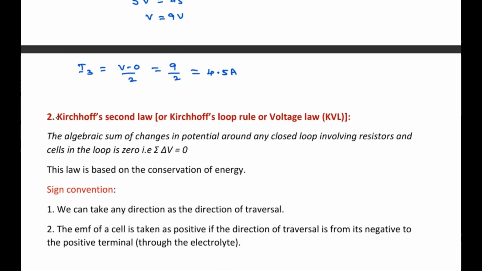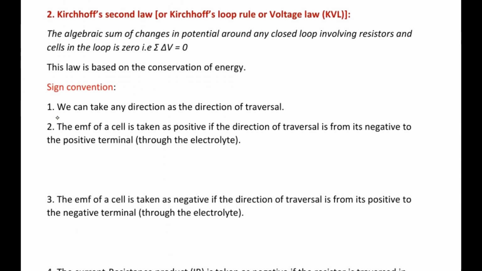Coming to Kirchhoff's second rule. What Kirchhoff's second rule says, it says about the loop, it will say about the voltage. That's why Kirchhoff's second law is also called Kirchhoff's loop rule, or it is also called voltage law, Kirchhoff's voltage law, KVL. How can we define this?